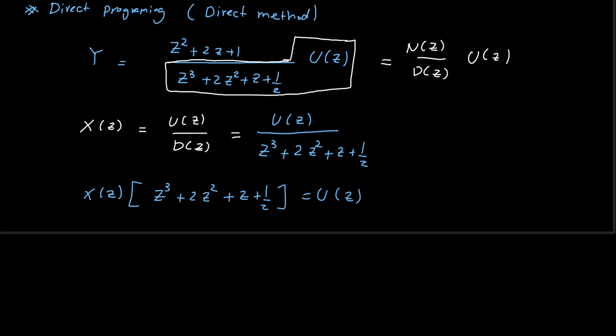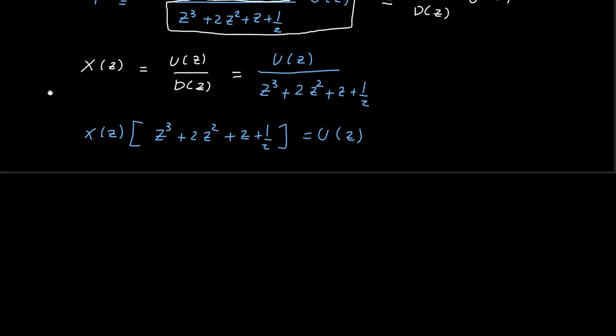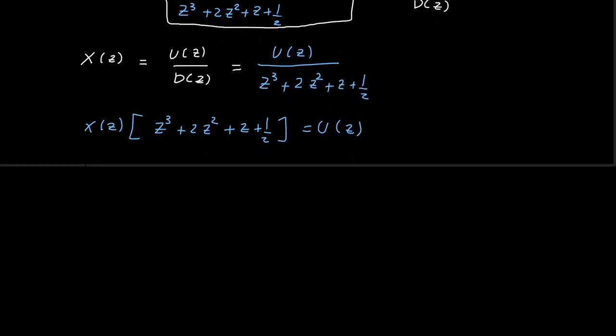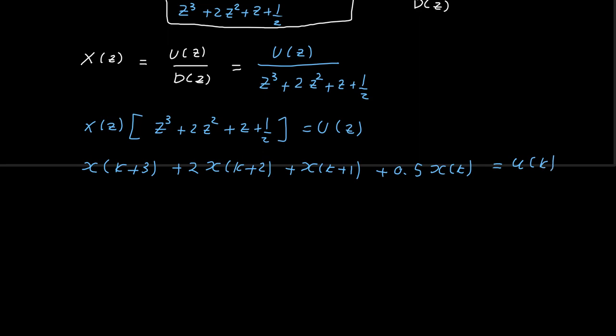Now using the shifting theorem, this will equal x of k plus 3, plus 2x of k plus 2, plus x of k plus 1, plus 0.5 x of k, which will equal u of k.